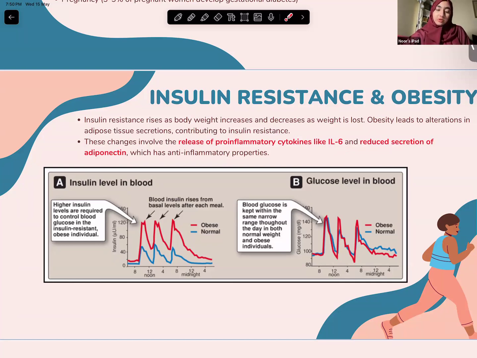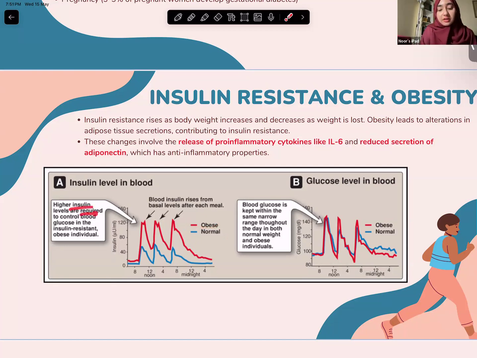Talking about the graph that's here, the main thing you need to remember is that in obese people versus normal people, for the same correction of blood sugar, you would require twice the amount of insulin. Red here is for obese and blue here is the normal person.